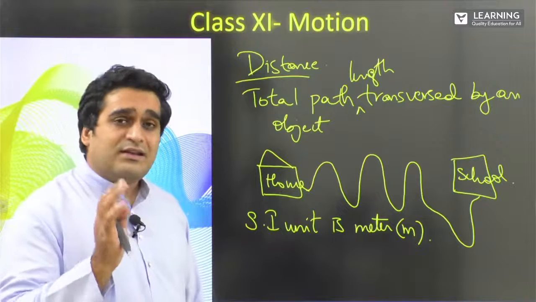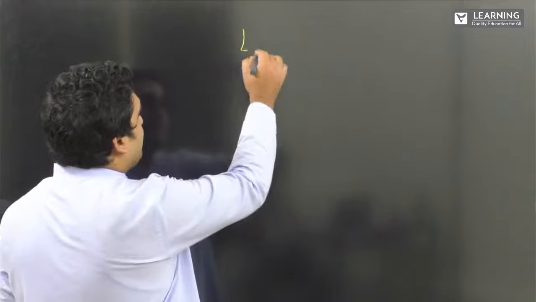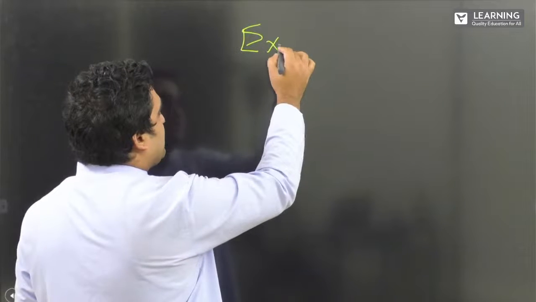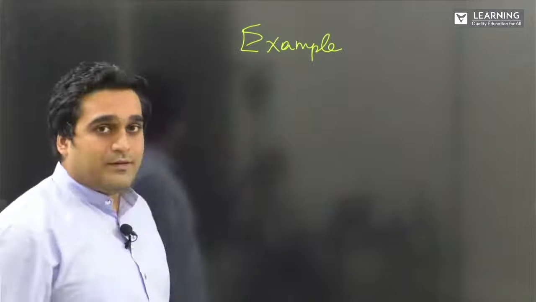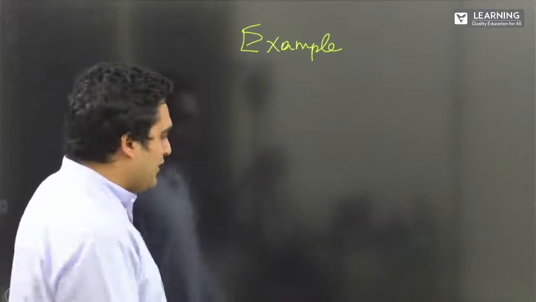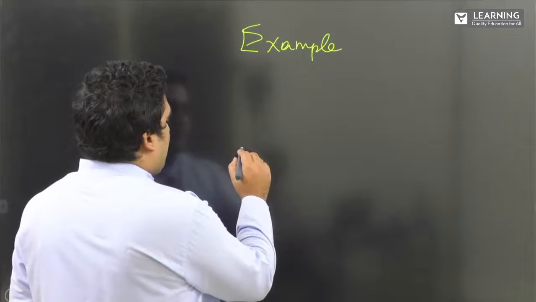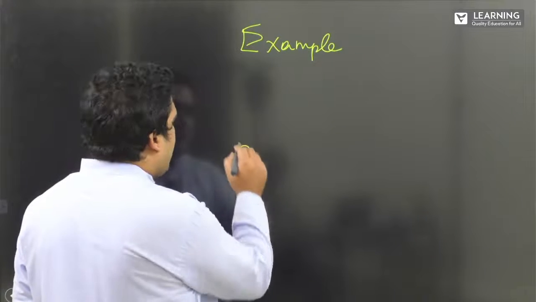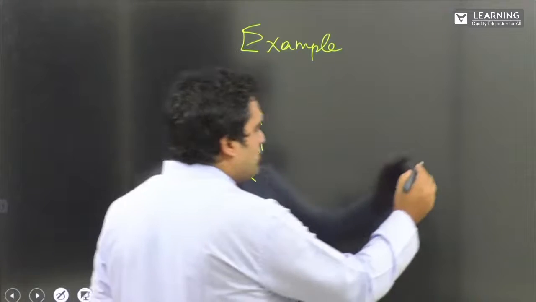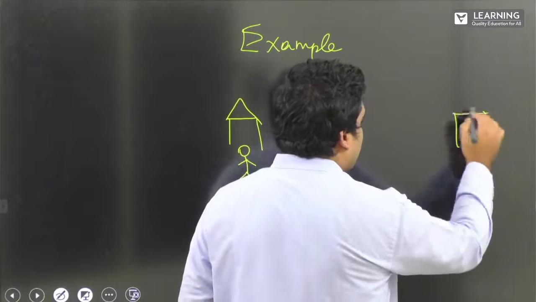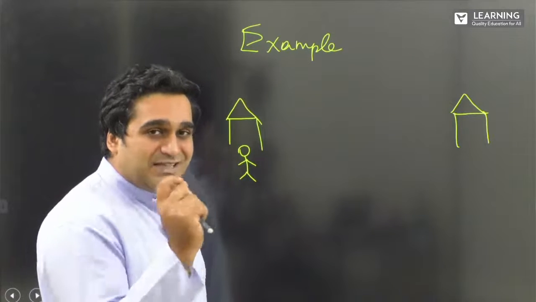And now let us look at a quick example for distance and displacement. You ready? Okay, let's get started. So a boy starts from his home and heads to a school. That's the same example as earlier, but here we're going to assign some numbers.